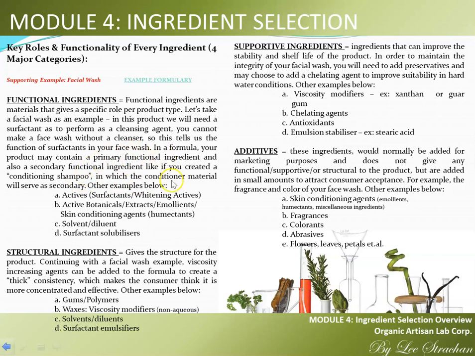In the formula, your product may also contain a primary functional ingredient and also a secondary functional ingredient. Like if you will be creating a conditioning shampoo, in which the conditioner material will serve as the secondary functional ingredient in the formula. Other examples of types of functional ingredients include actives to include surfactants and whitening actives.